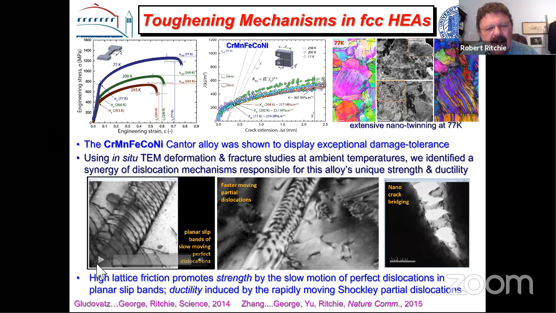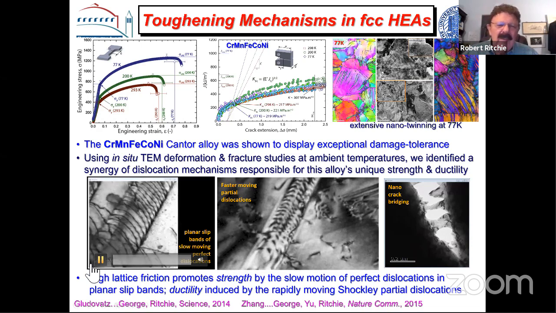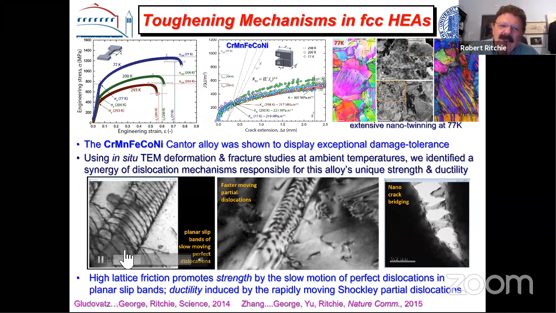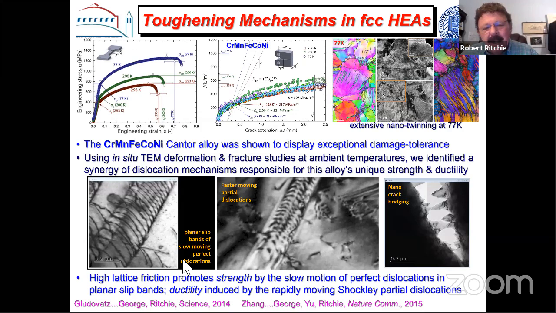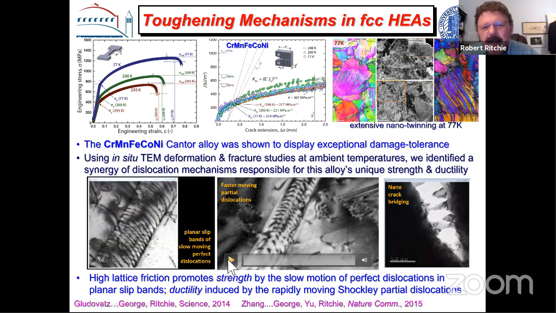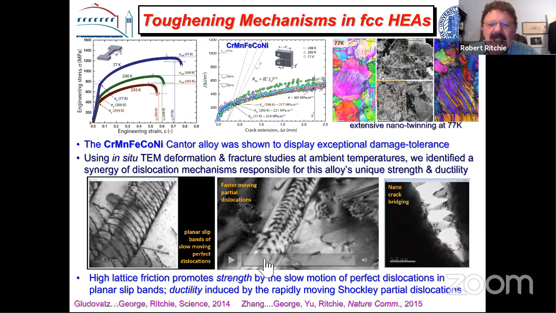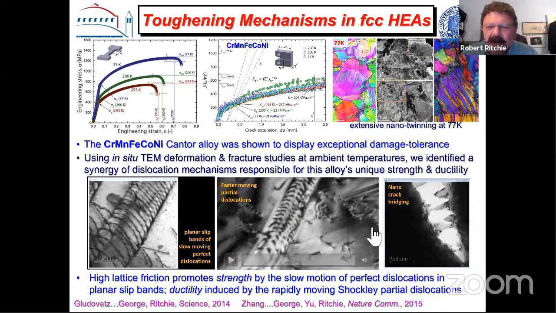For example, if I look at this material, you see these planar slip bands where these ponderous undissociated dislocations move along the slip bands. This is a strengthening mechanism.